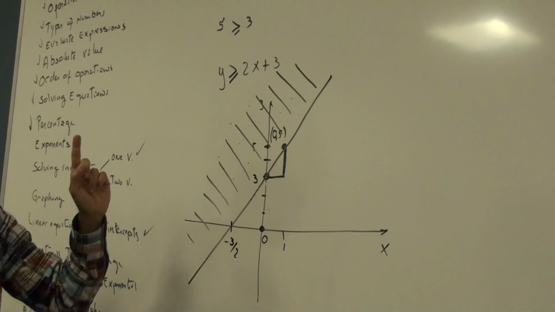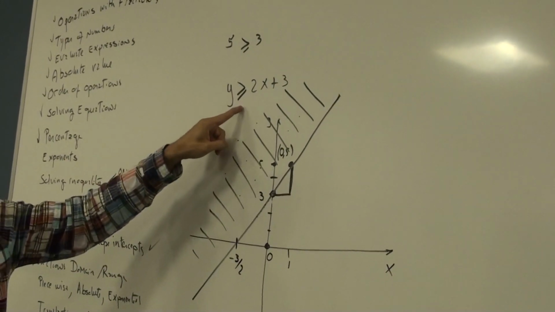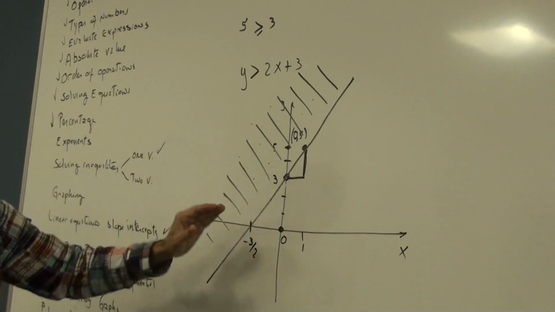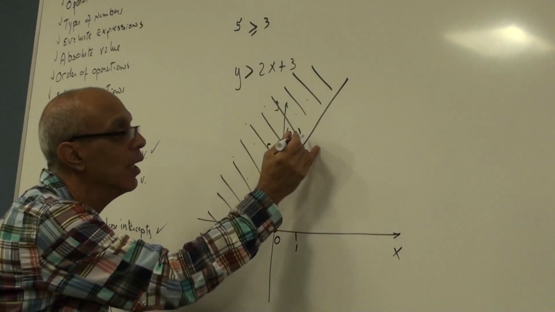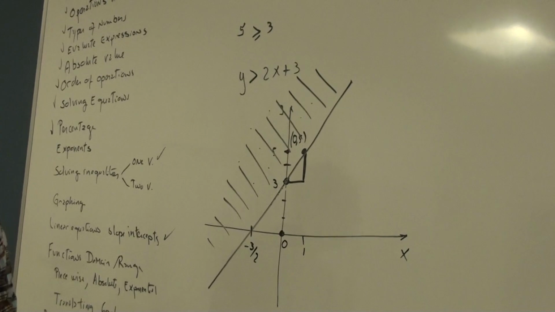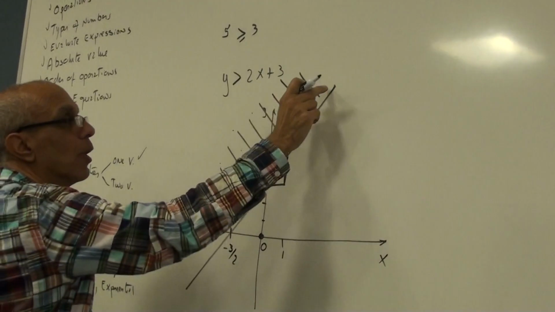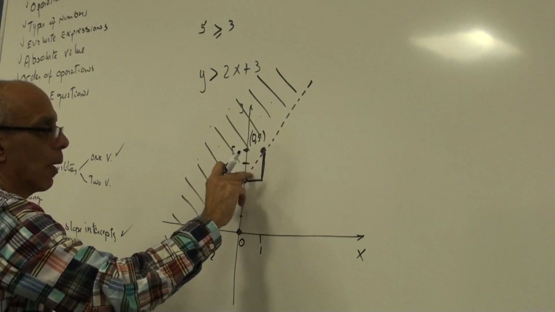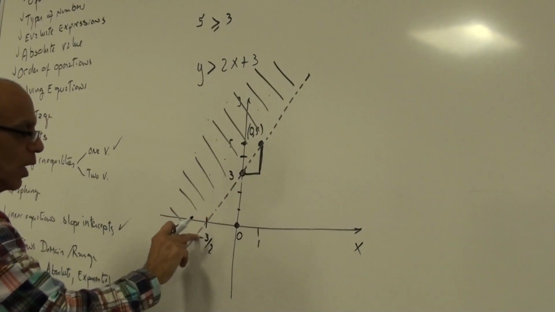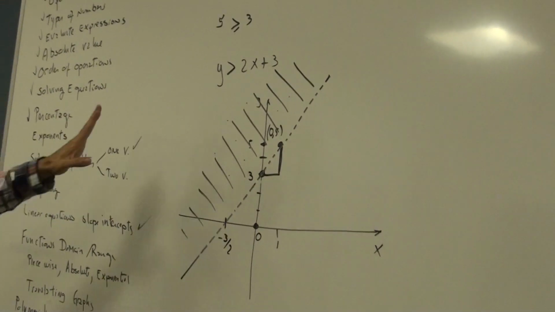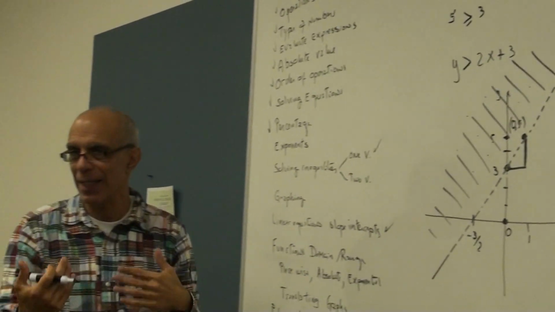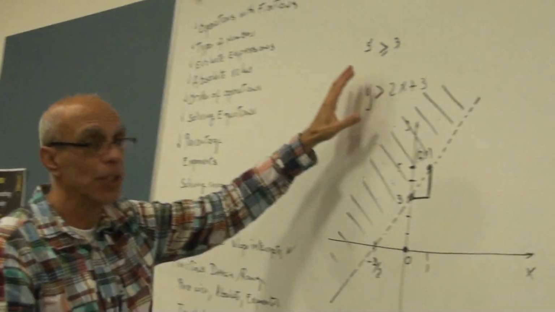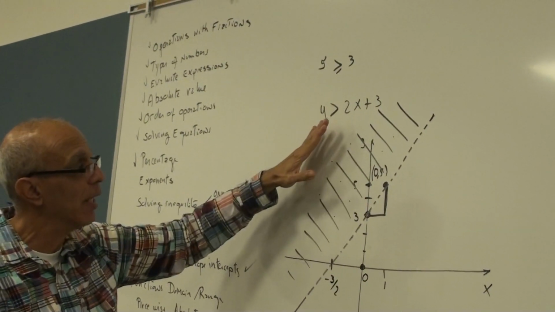Now, if I had, instead of greater or equal, just greater, that means now that the points on the line are not part of the solution. And for that, we're going to represent that with a dotted line. Okay? So this is graphing one inequality. If we had a system of inequalities, then we would graph the other inequality the same way as this one.